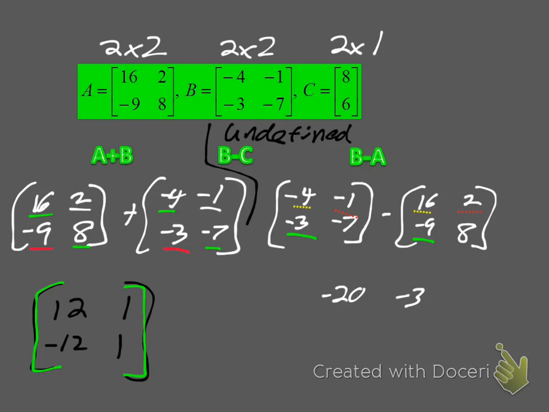Negative 3 minus a negative 9 gives you what? 6. And then negative 7 minus 8 gives you negative 15. Did you write it in a column or what?